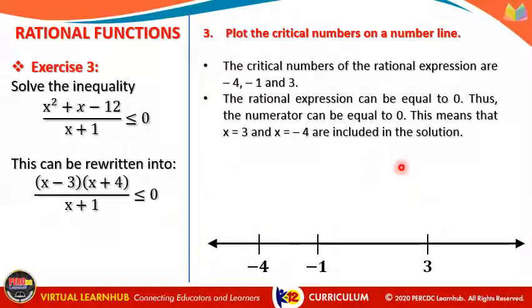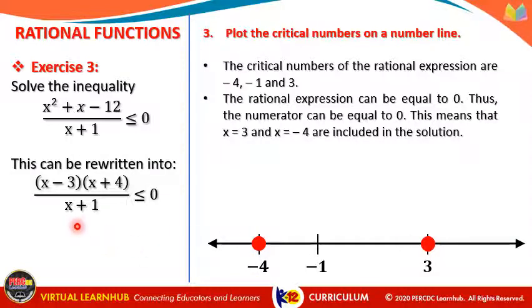This means that x is positive 3 and x is negative 4 are included in the solution. Since kasama ang negative 4 at positive 3 sa solution, ang ilalagay natin sa kanila ay mga solid circles. Again ha, kapag hindi kasama, hollow circle. Kapag kasama, solid circle. Alright.